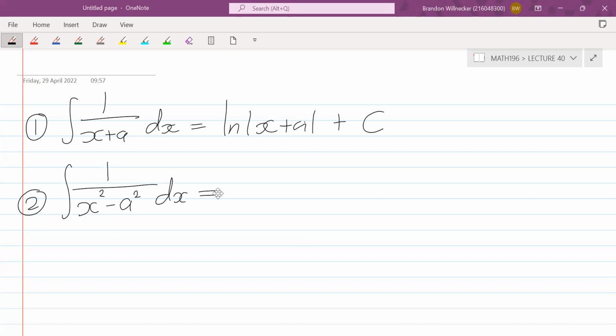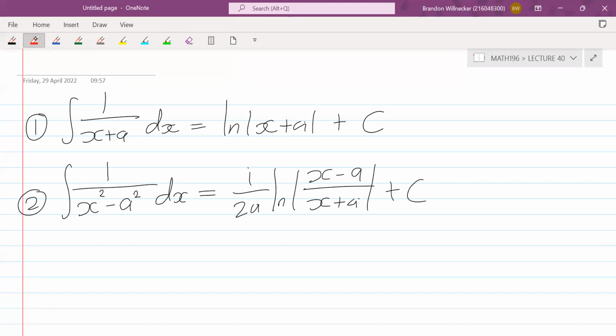If you have something like that where it's quadratic in the bottom, this is going to be 1 over 2a, the natural log of x minus a over x plus a, plus c. Okay, the proof for this I'm going to leave as a homework problem. So just a little bit of partial fractions and then you can show this.